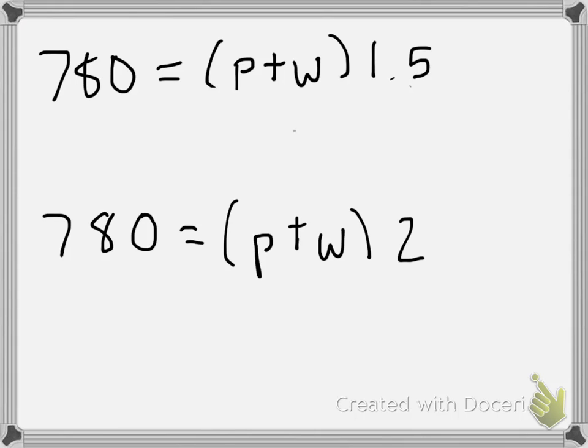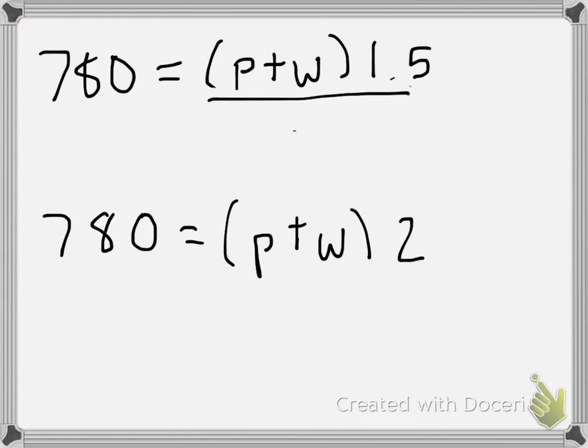There's a couple of different choices for where to go from here. When I'm looking at this, the first instinct of a lot of people is going to be to distribute that 1.5 across the parentheses and distribute that 2 across the parentheses to clear those out. And then to solve from there. To me, though, it's probably a lot easier, since p plus w, that whole thing is multiplied by 1.5, to just get rid of the 1.5 right now. We know that we can get rid of multiplication by dividing both sides, and so that's the first thing I'm going to do here.